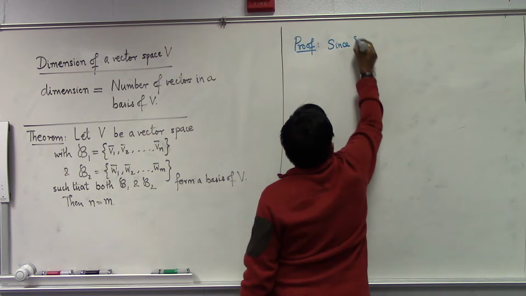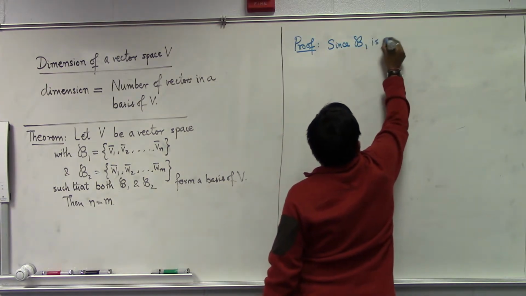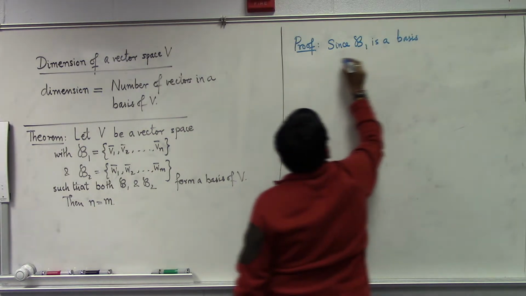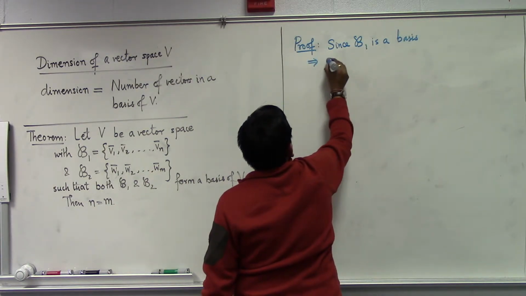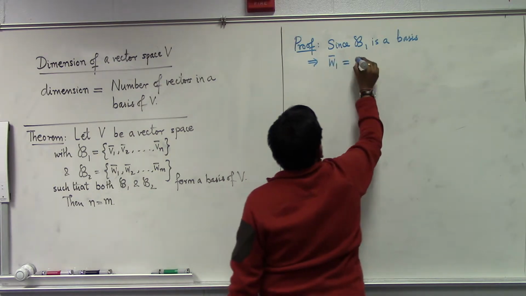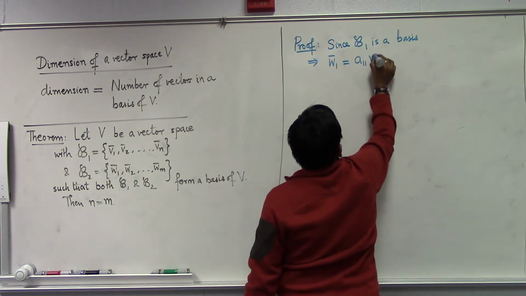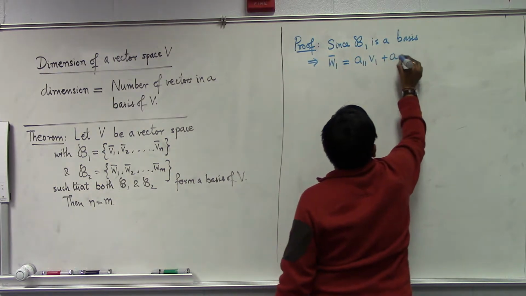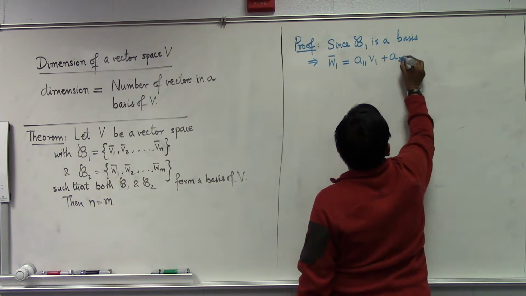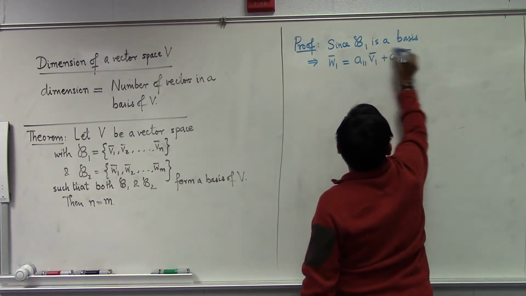Since B1 is a basis, this implies that I can write any vector W, for example W1, as a linear combination of vectors in B1.